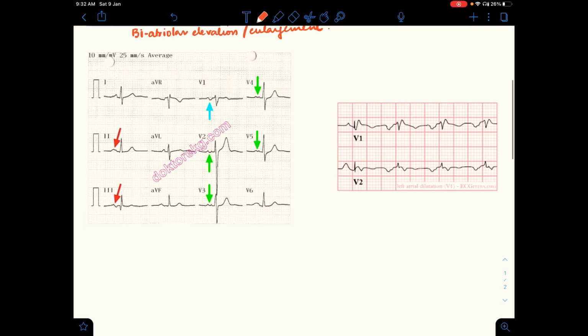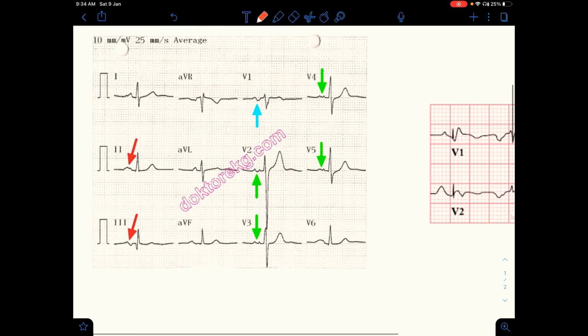So now we come to the diagnosis of some common cases. In this clinical case scenario of ECG, what can we see? As I've said, first we go for lead 2. We check the rate, then the rhythm, then the P wave.